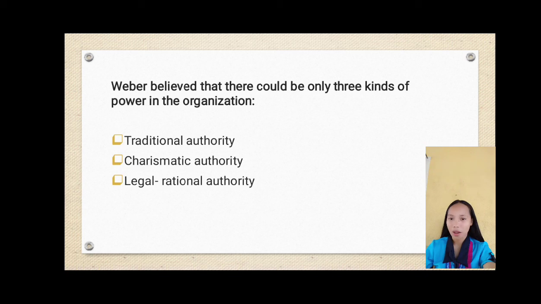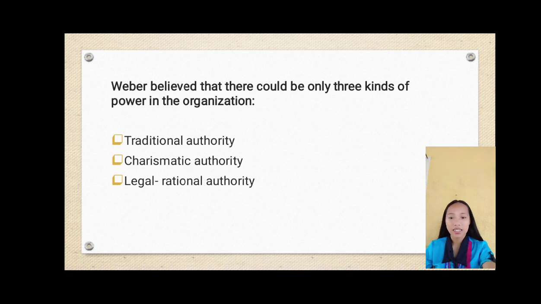Next is the charismatic authority. Under the charismatic power, due to the extraordinary personality of the managers, the workers are deeply motivated to perform their best on the tasks allotted to them. However, this charisma may fade away with the manager's layoff, resignation, or demise.